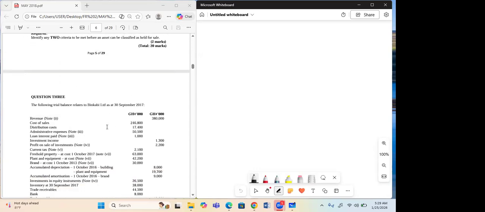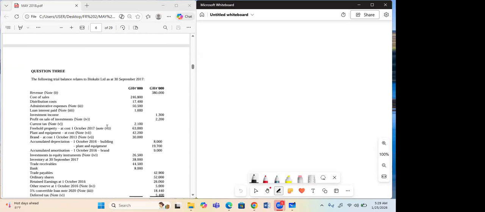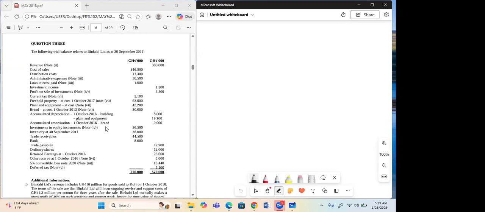Yes, let's look at question number 3 as usual. Now, look at something. In this year, a correction was made to the question paper. The freehold property, look at the freehold property. It said at cost, 1st October 2017. Meanwhile, the trial balance itself is at 30th September 2017. Can you see there's an error there?